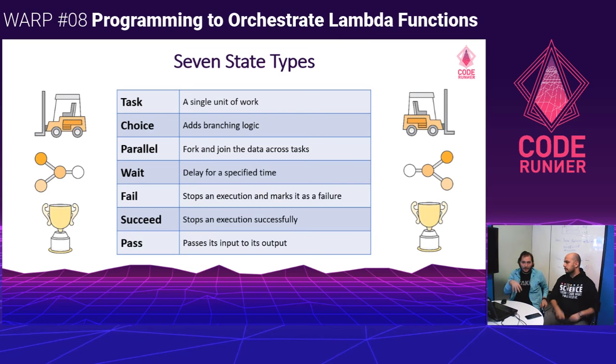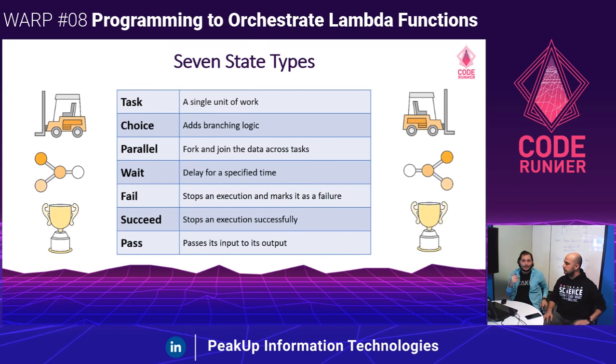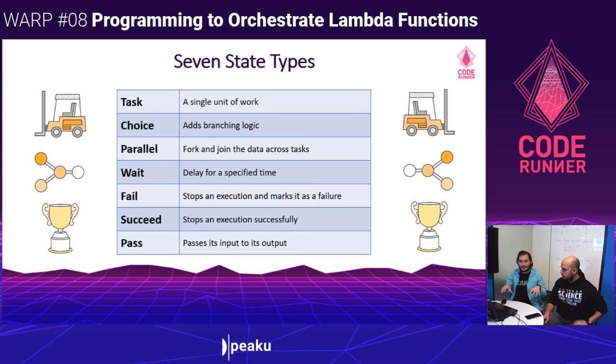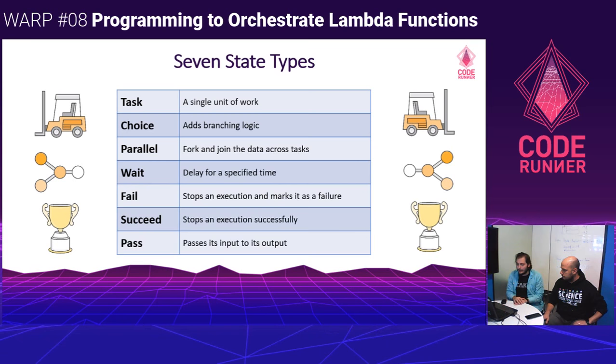You can add branches into your logic. You look at the data within it and decide which course it will take after that. You can fork your data and maybe join them at the end of it and run the process in parallel.